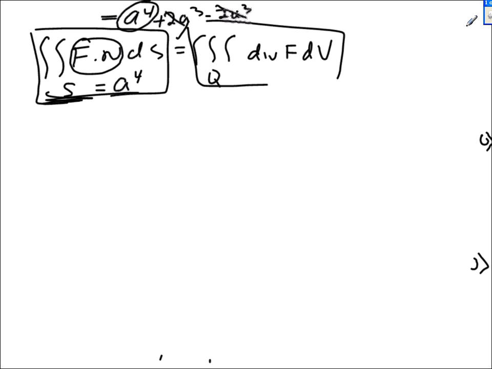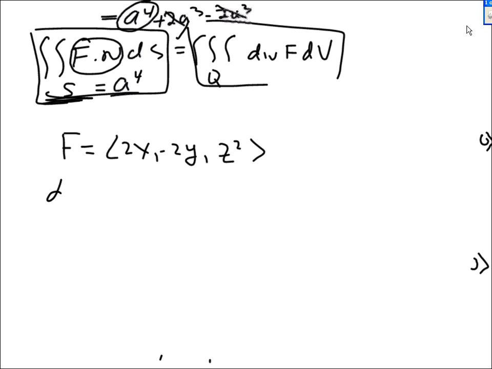Well, first we have to find the div of f. Now, f was equal to 2x, minus 2y, and z squared.